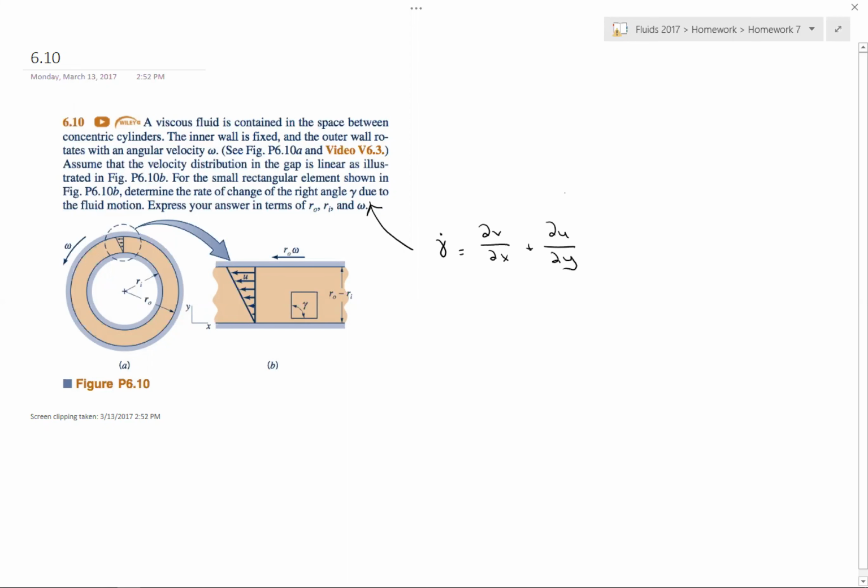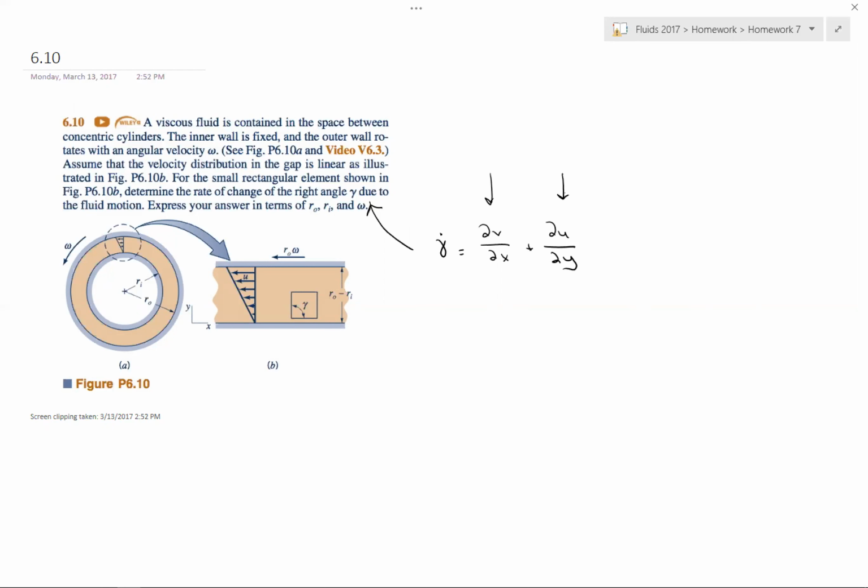That's exactly right. But what's the difference between this and rotation? Yeah, exactly. It's positive versus negative. Okay, so what we need is dv dx plus du dy.